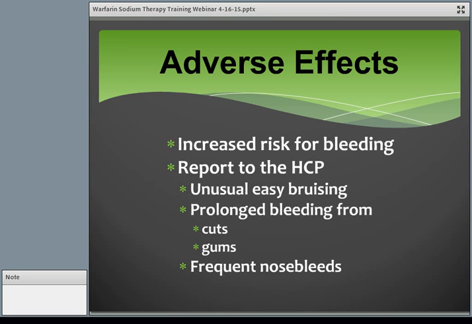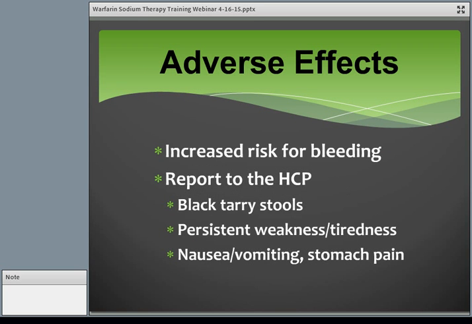On the screen are a few of the signs and symptoms a person may experience from too much warfarin sodium. Changes observed should be reported to the HCP as soon as they are noticed. They could be life-threatening. On the screen are more signs and symptoms of bleeding.